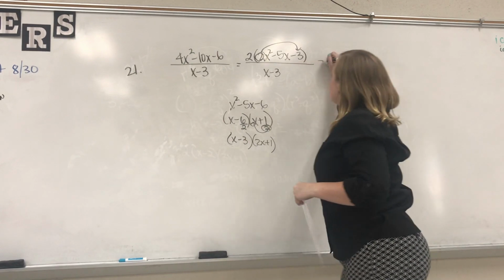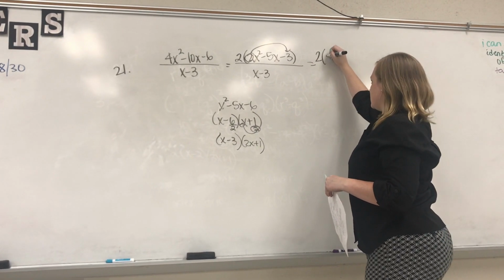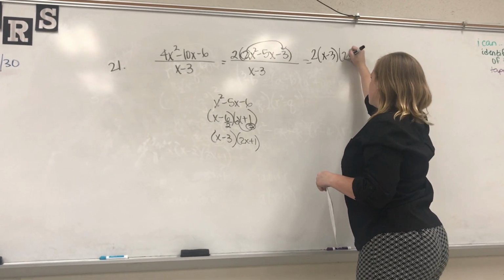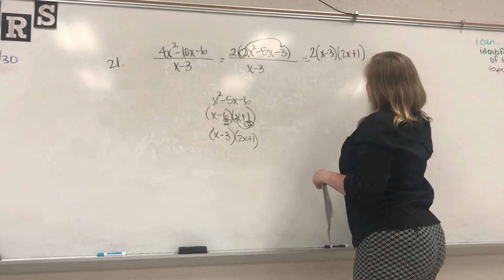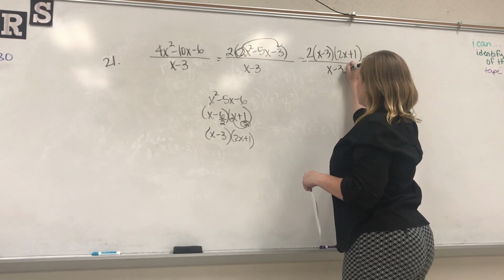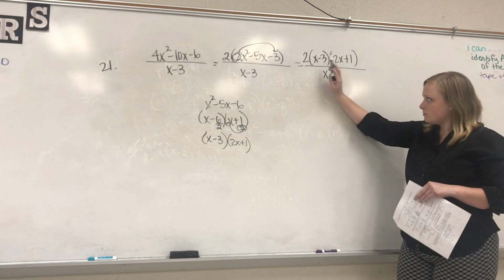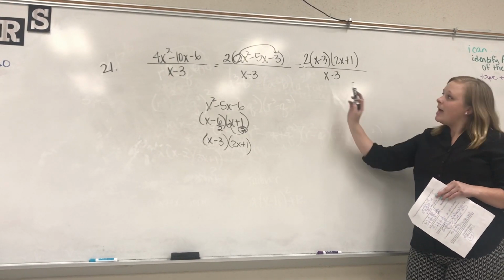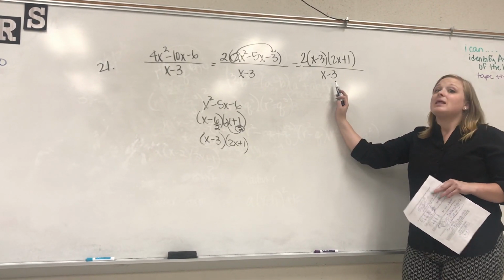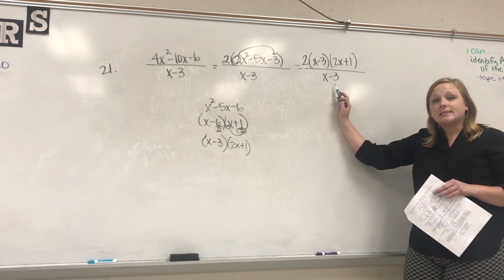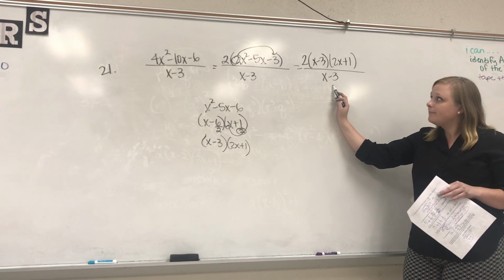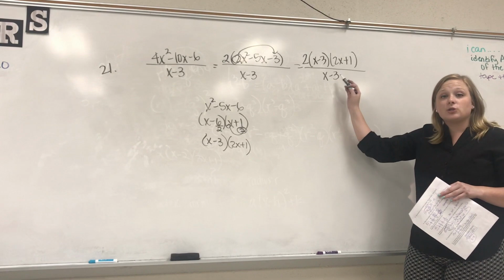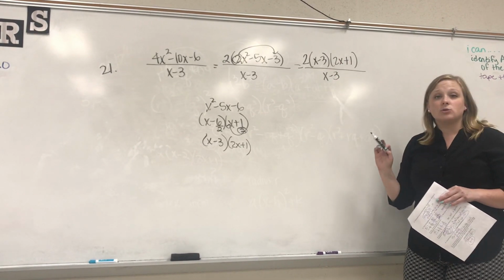So that means this becomes 2 times x minus 3 times 2x plus 1, all divided by x minus 3. Notice, I have an x minus 3 in my numerator and x minus 3 in my denominator. That is supposed to happen. If it doesn't, you did something wrong. Okay? I'm looking for the answer that has a factor that's going to cancel out of both.